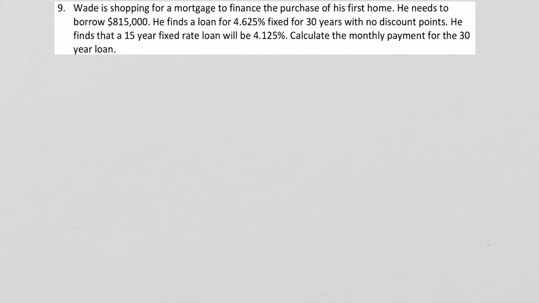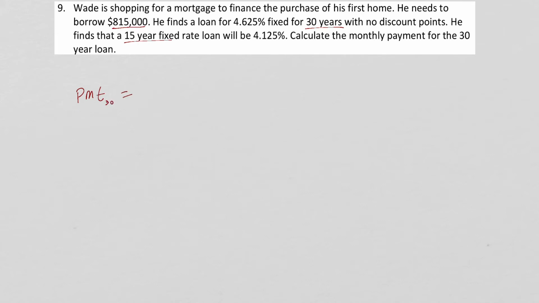Okay, here we're trying to borrow that amount, and I'm comparing a 30-year fixed versus a 15-year fixed. So let's do the 30 first. So for the payment for the 30, I'll put a little 30 down there to remind myself.